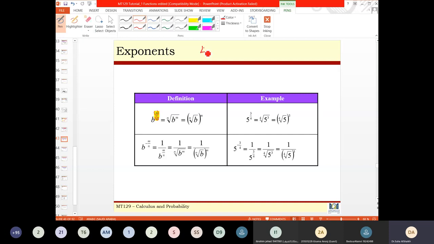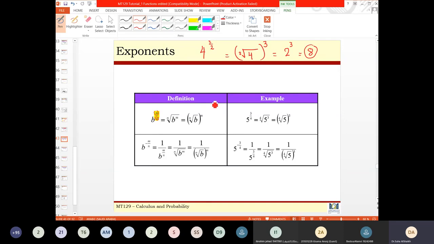If I have 4 to a power 3 over 2. ال 2 اللي تحت تعطيني second root of 4. وال 3 هنا is giving me to a power 3. What's the second root of 4? It is 2. So this is 2 to the power 3, and this equal to 8.